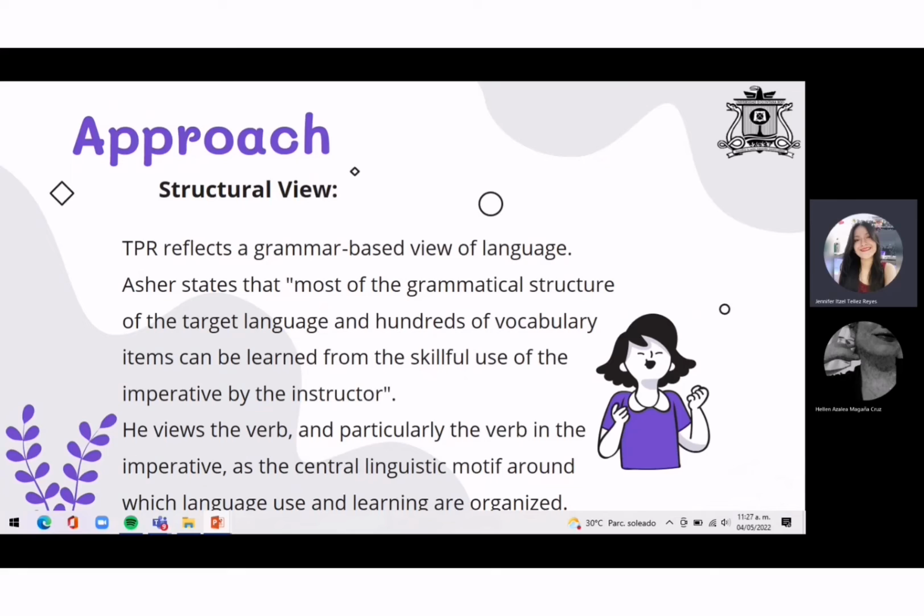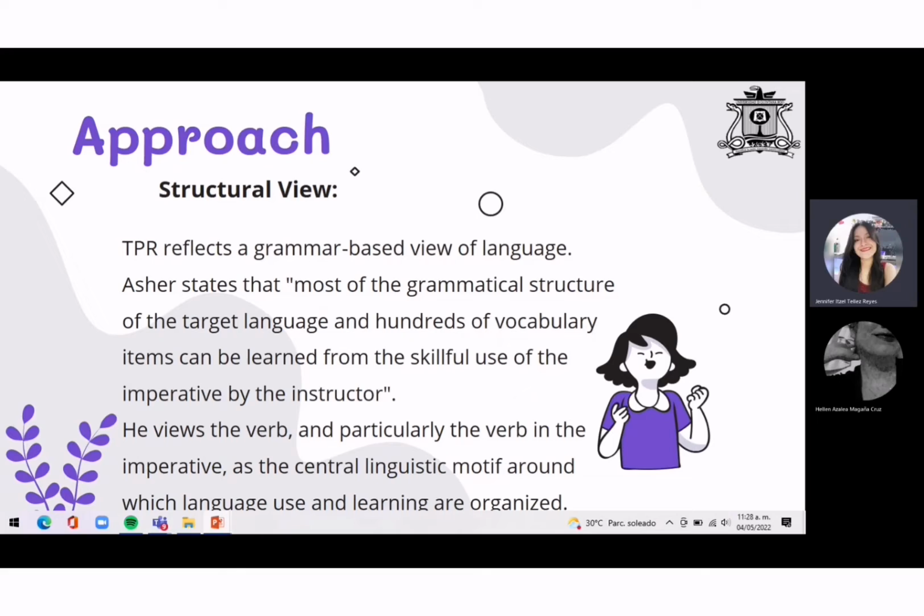And what about approach? Well, this method uses a structural view. It reflects a grammar-based view of language. Asher states that most of the grammatical structure of the target language and hundreds of vocabulary items can be learned from the skillful use of the imperative.